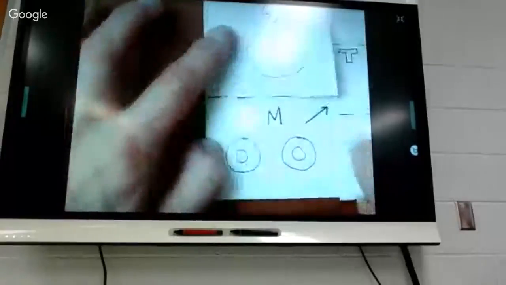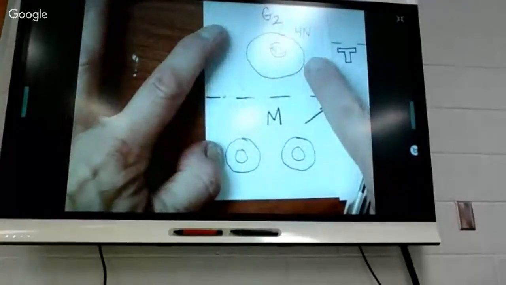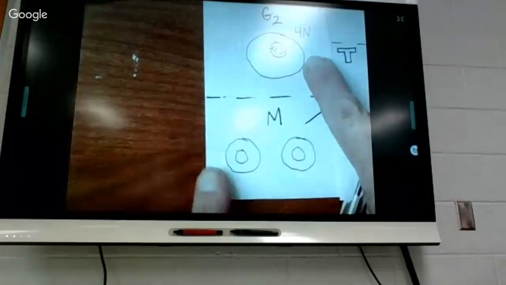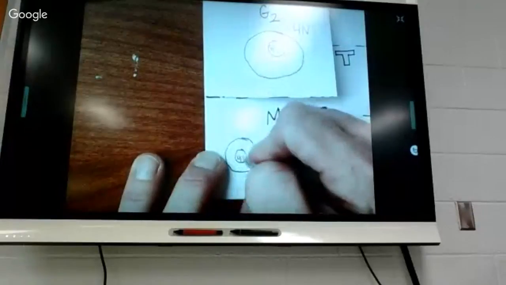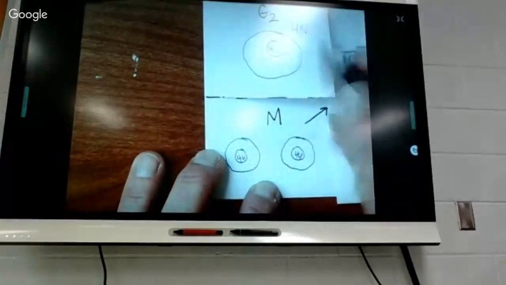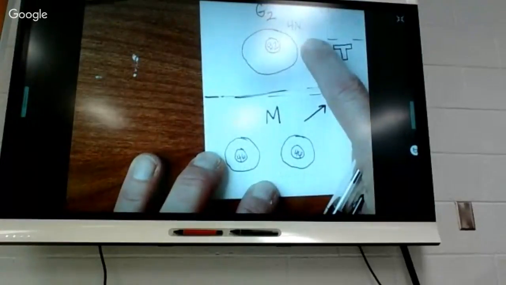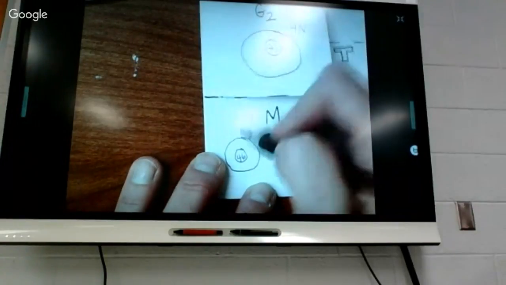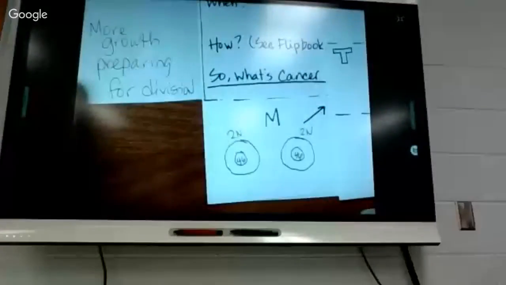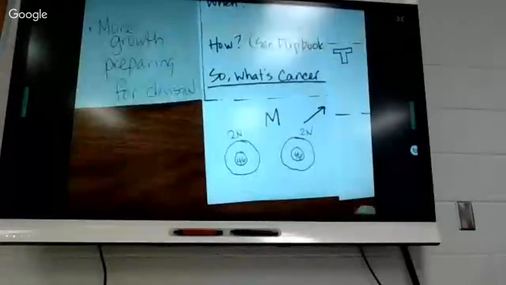Now, if we went from this cell that's 4N and it split, the nucleus split in half, how many chromosomes are we going to write in each of these, y'all? Right, so we divide it in half, 46, 46. What do you get if you divide 4N? 2N. 2N and 2N, right? So we ended up with 2 cells.